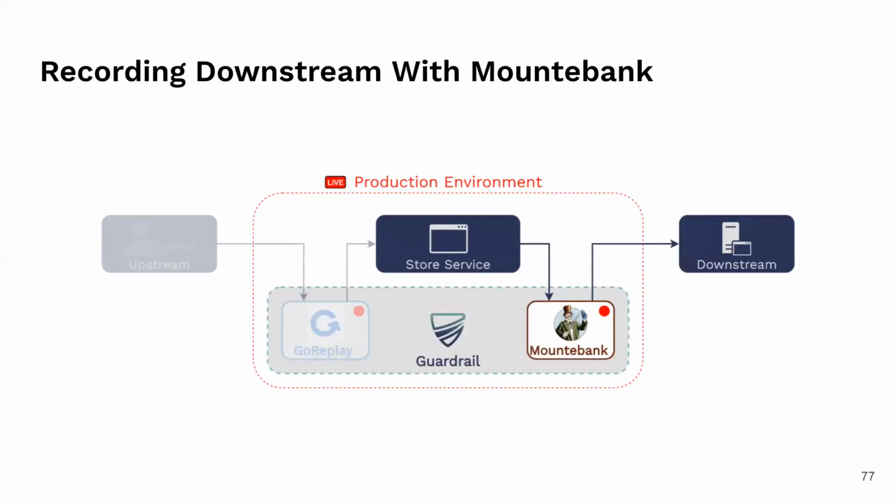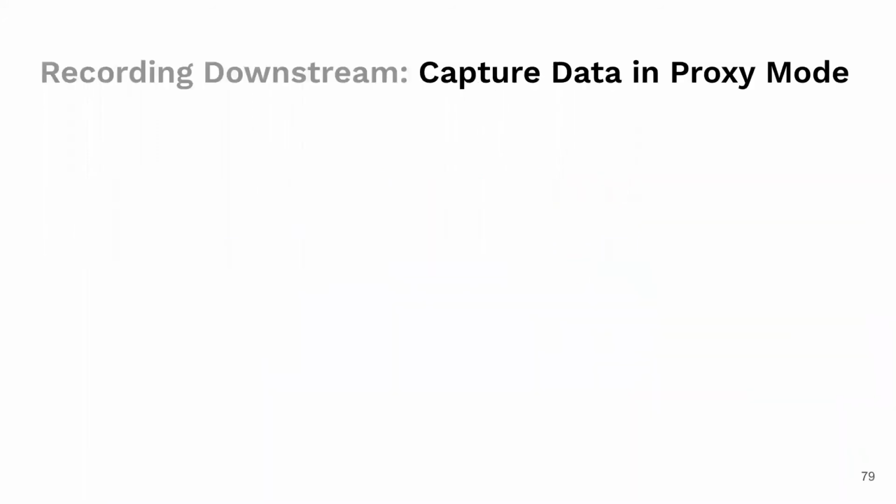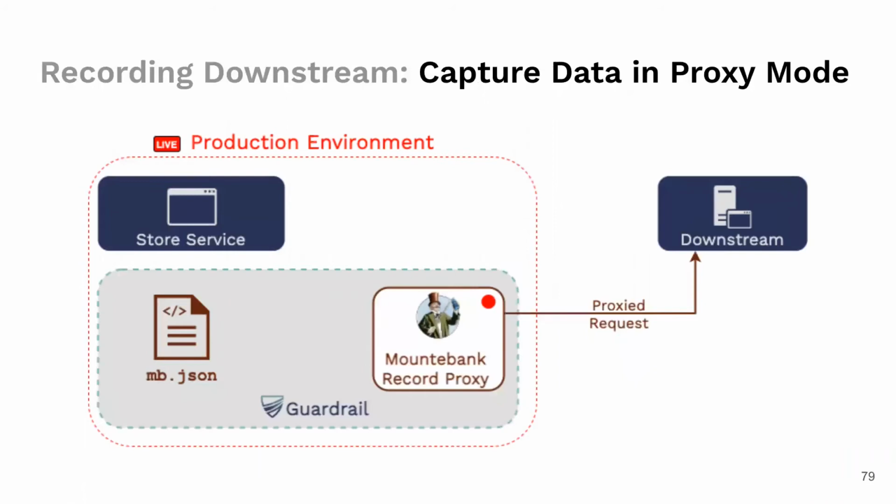That's capturing traffic on the upstream side. Let's cover virtualizing a downstream dependency with Mountebank. For mocking service dependencies, we opted for Mountebank because it is platform independent, it is well documented, and has a good API. This tool creates virtual services over the network.